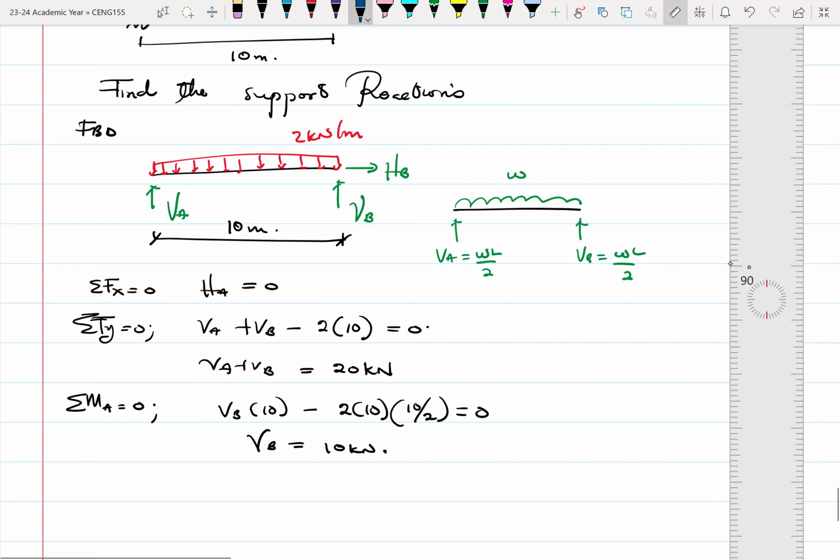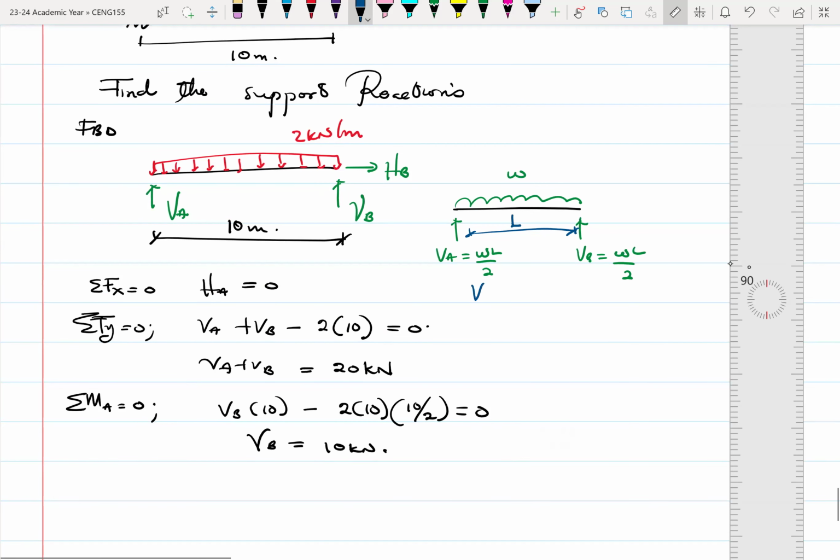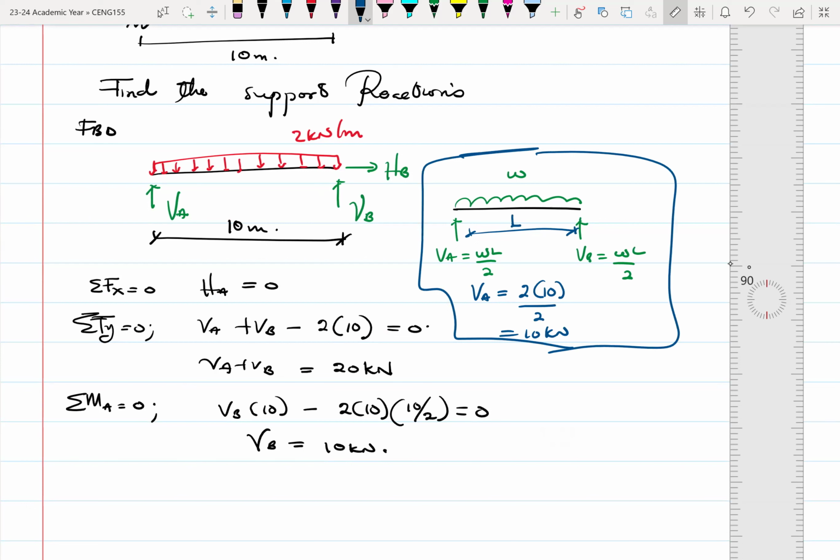If this distance here is L, this is a typical symmetrical system, where the entire beam has been loaded for a simply supported beam, so that VA will be equal to, the W is 2, the L is 10, over 2, and that'll give me 10 kilonewtons. So this is just on the side. Sometimes it's good to have these up so that at least we appreciate what goes on.